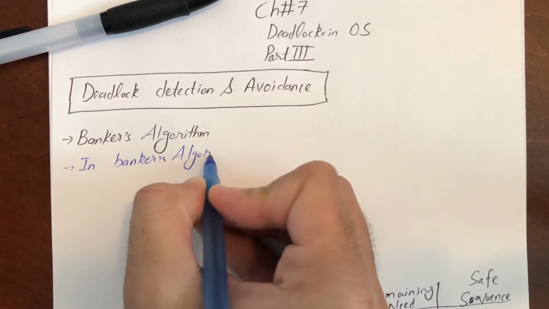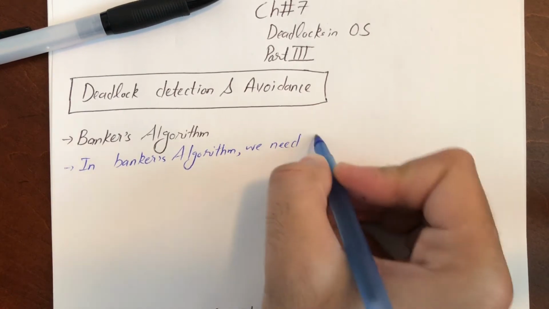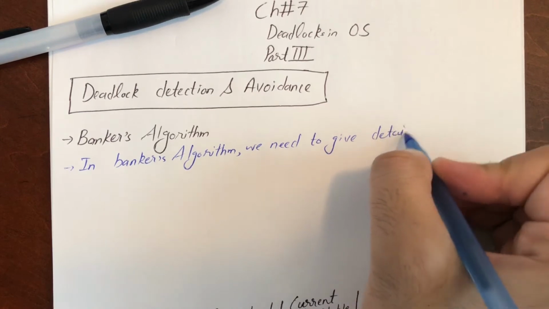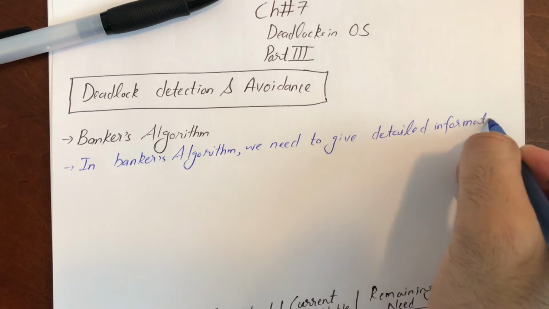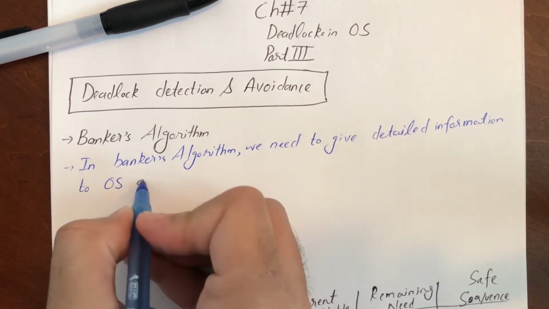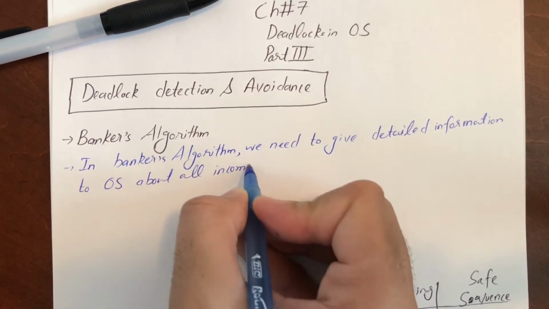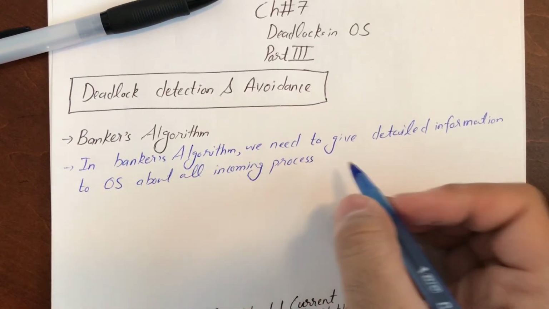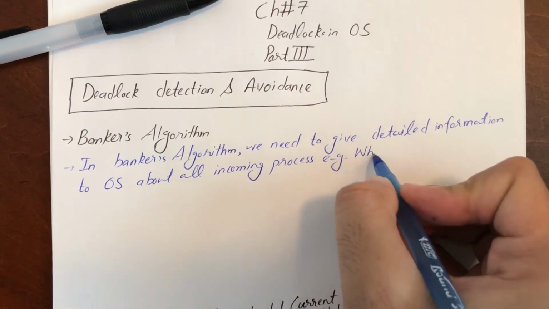in Banker's algorithm, we need to give detailed information to the operating system about all incoming processes. For example, what kind of information? Which processes are coming.